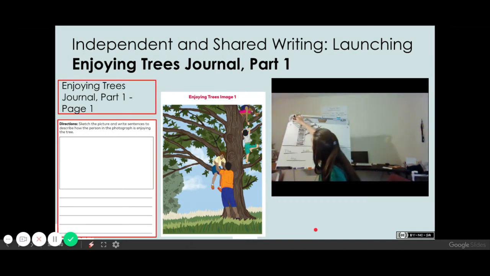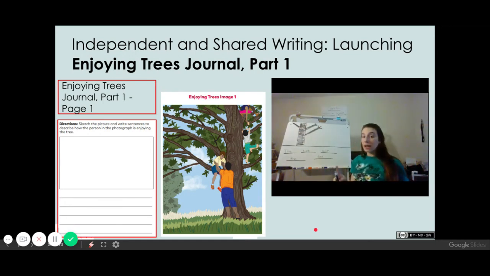And my last branch over here. Now I know that trees have leaves, and I know that leaves are green. So I'm just going to add a little bit of tree leaves.